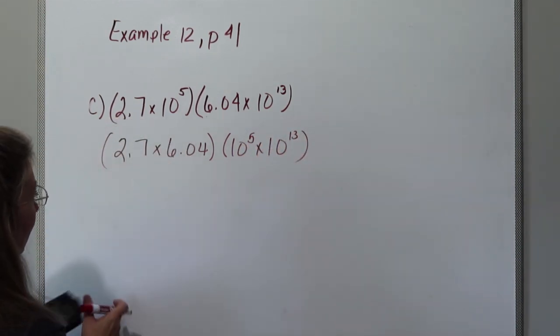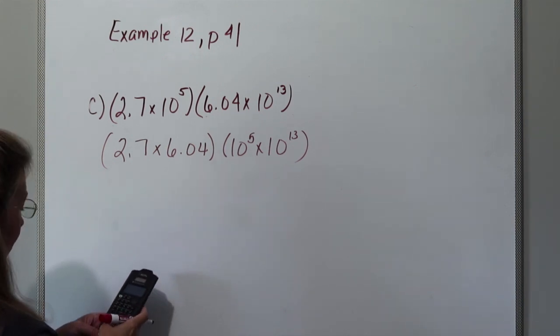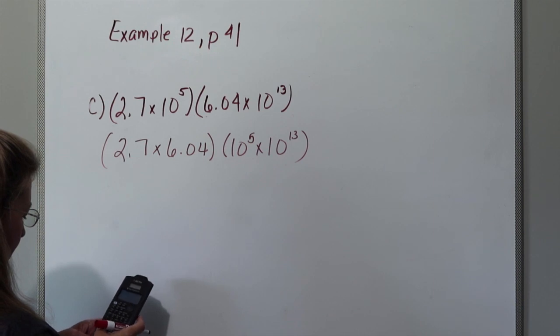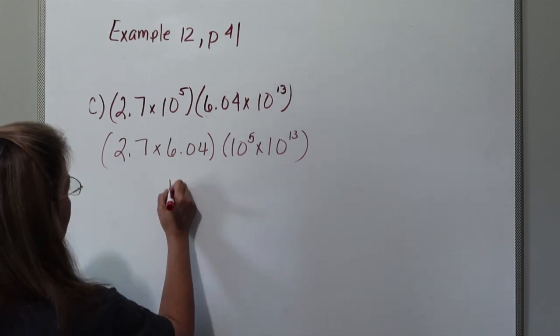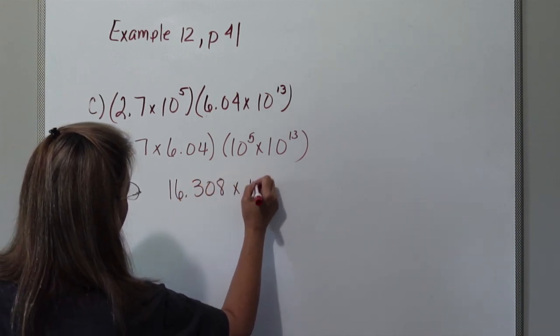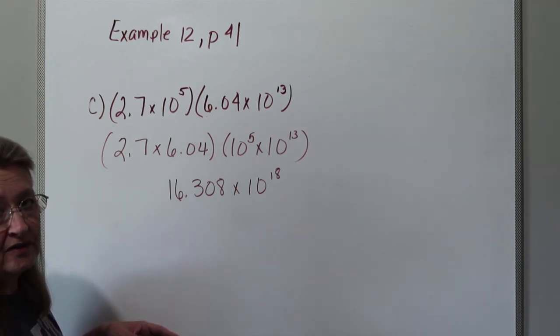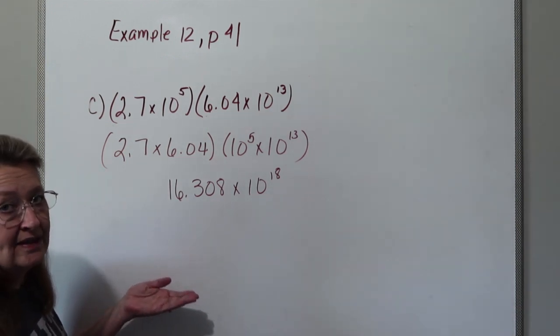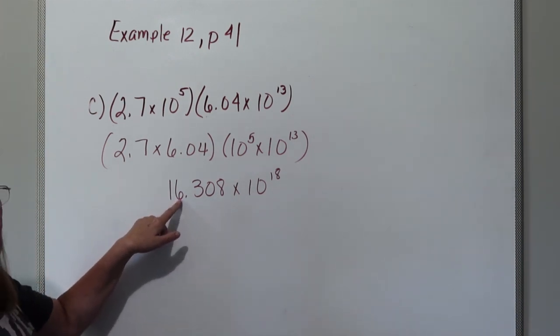All right, multiplying 2.7 times 6.04 gives me 16.308 times 10 to the 18th. Now once again, the problem with this, see that was easy, but it's not in scientific notation because this number is not between 1 and 10.